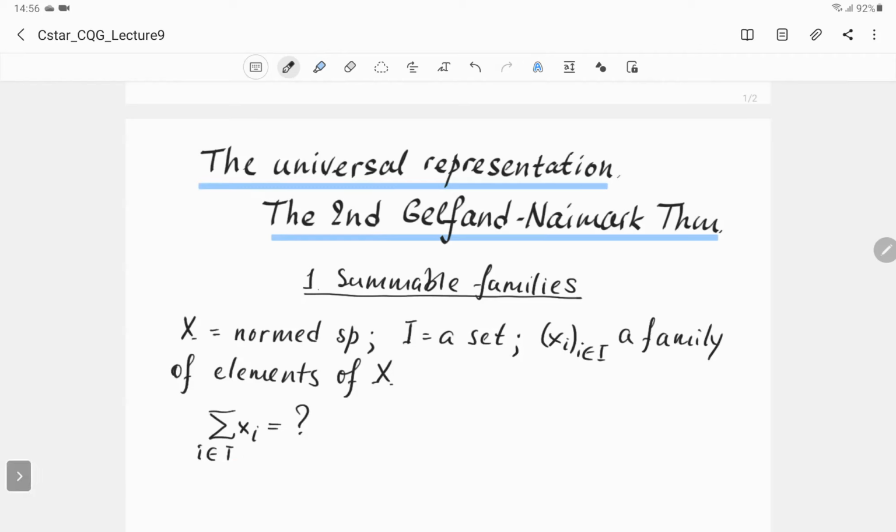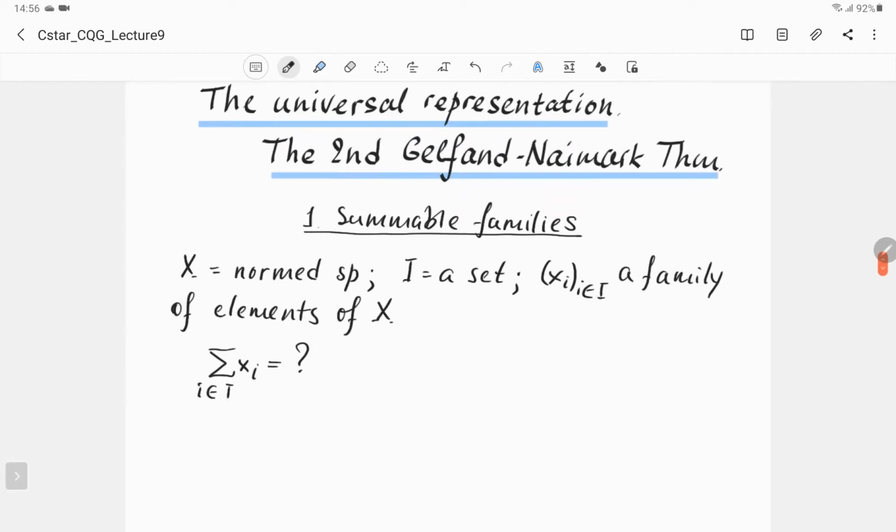In general, the set I is not assumed to be countable and is not assumed to be ordered.